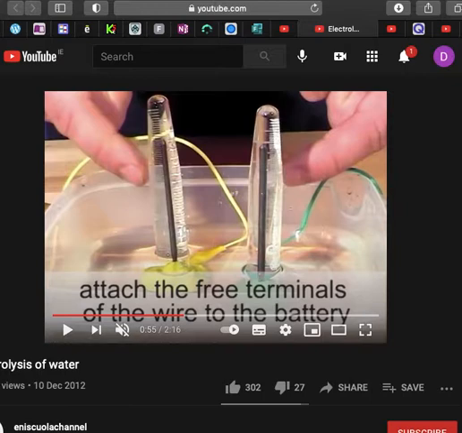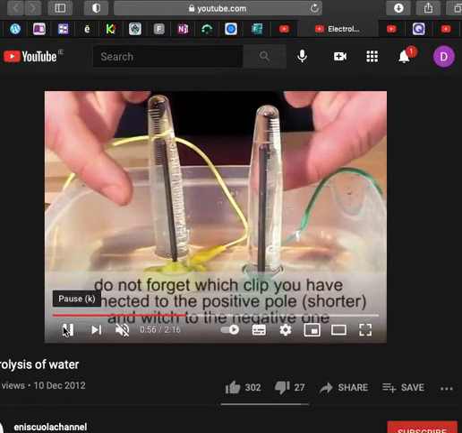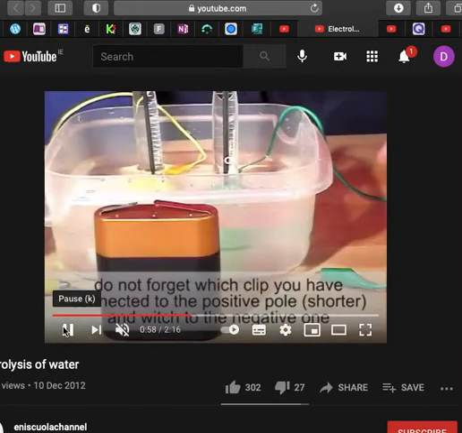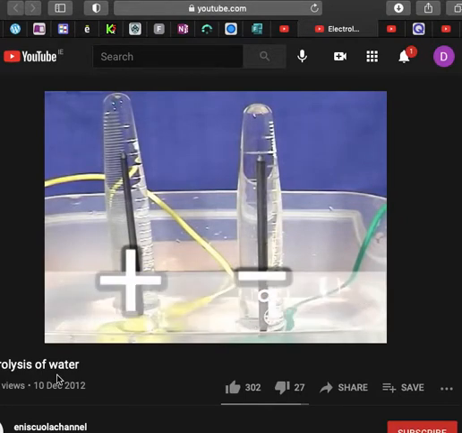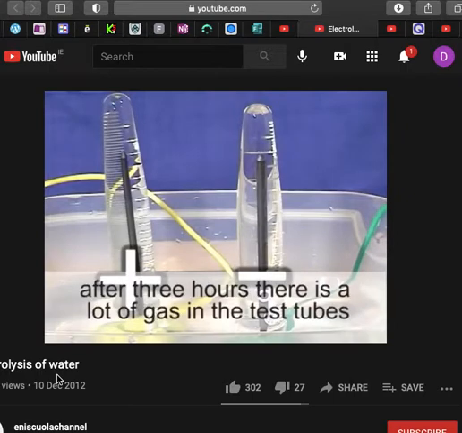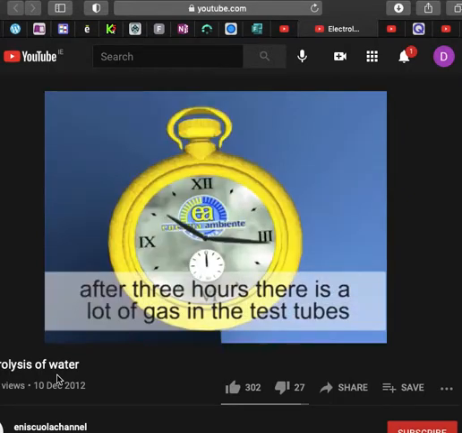Essentially you are electrocuting water, for an easy way to describe it, and you're breaking water up into its constituent molecules. So once it's on your leads, if you leave it for long enough, you will see production of a gas, and one of them will have twice as much gas as the other.